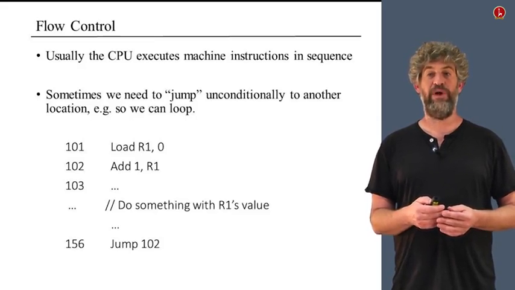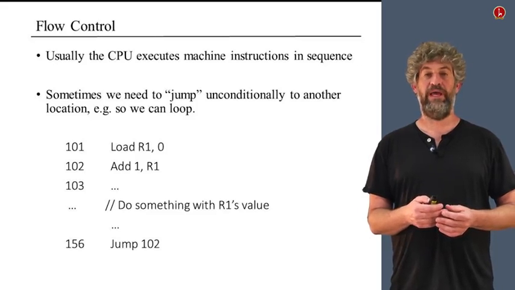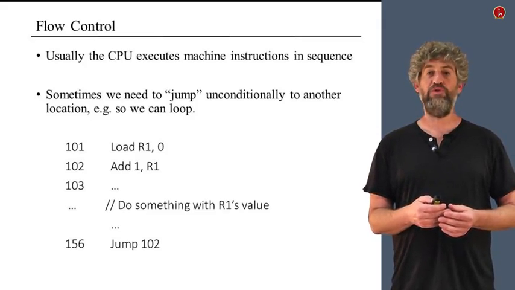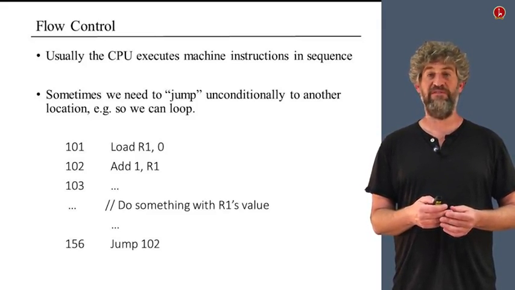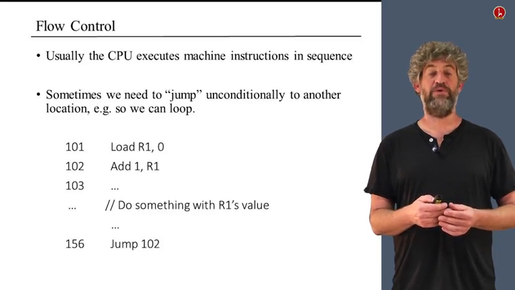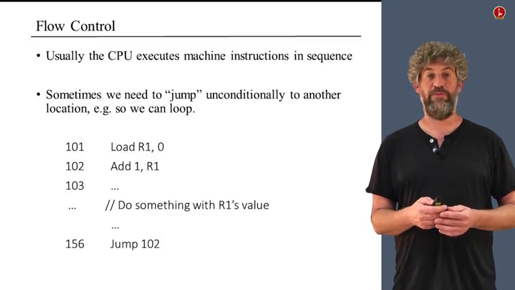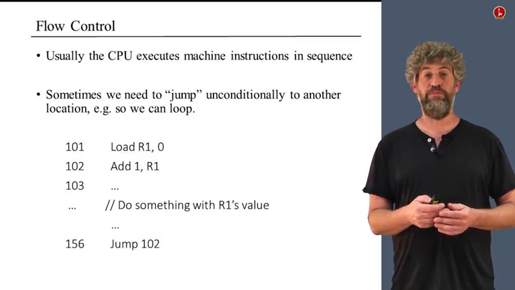The way we do it, we have to tell the computer, after you do instruction number 156 in our example, don't continue to instruction 157, but go back to instruction 102, which adds 1 to R1, giving us the next value of R1, and then continue doing whatever you did with the new value. So this allows you to do a loop.